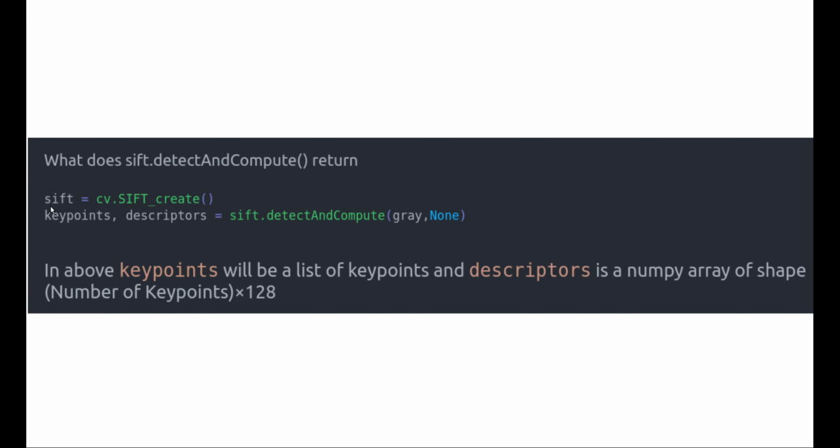So first you create an object called sift, which is equal to cv2.SIFT_create, and then on this object sift you invoke this function detectAndCompute, and that will return me two things, keypoints and descriptors. And what exactly are they? So in this code, the keypoints will be a list of keypoints, and descriptors is a numpy array of shape number of keypoints by 128.